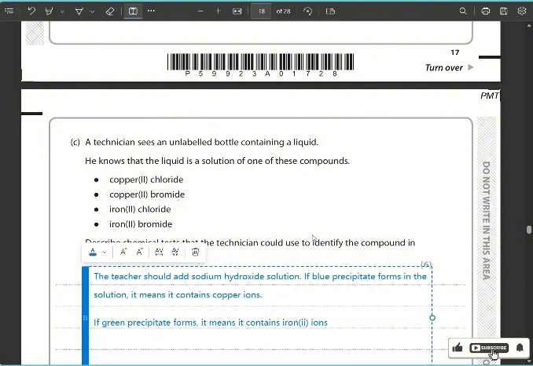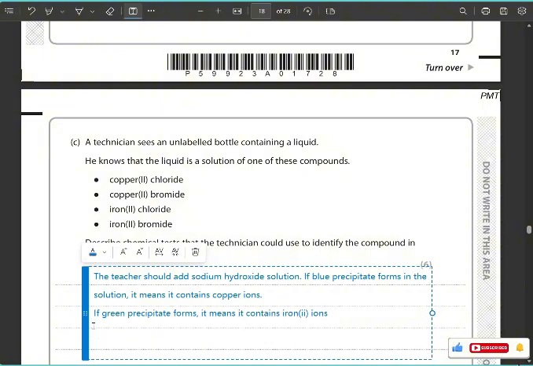Okay, and for knowing if it has chloride or bromide, we should add silver nitrate.